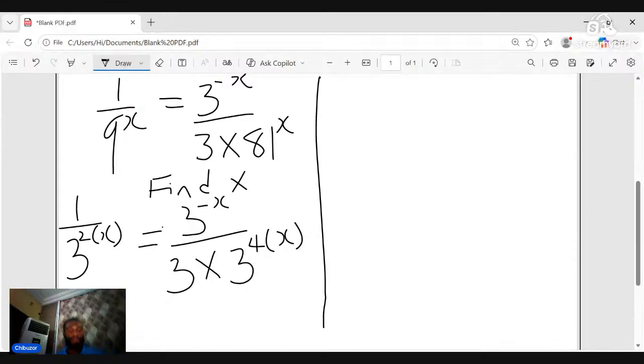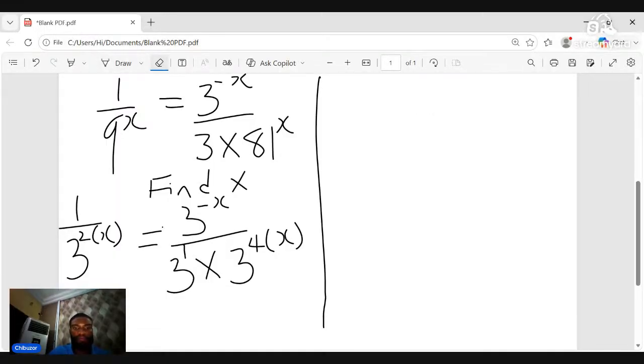Now, remember that in indices, if you have a number like this, what it means is that it is raised to power 1. So here we have 3, so we acknowledge that we have 1 here. I hope you understood this. Please indicate if you understood it to this stage.